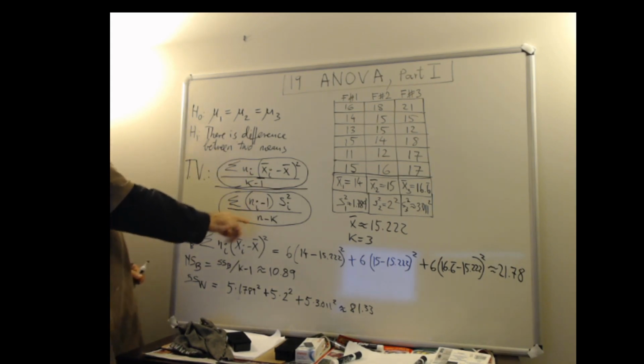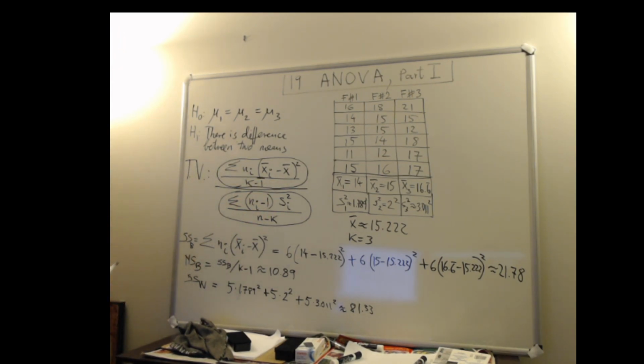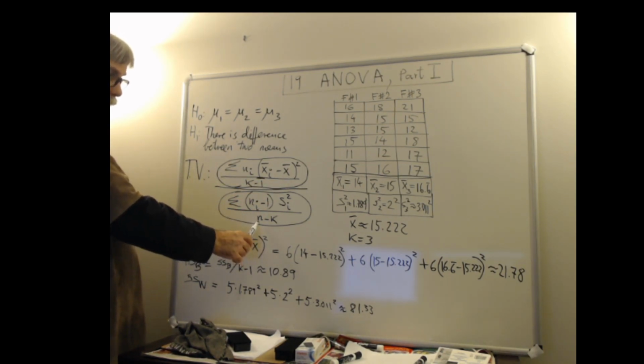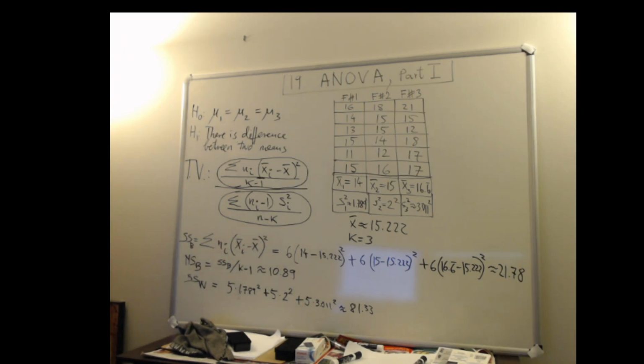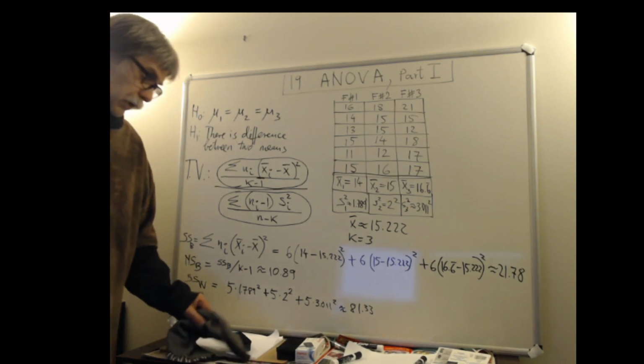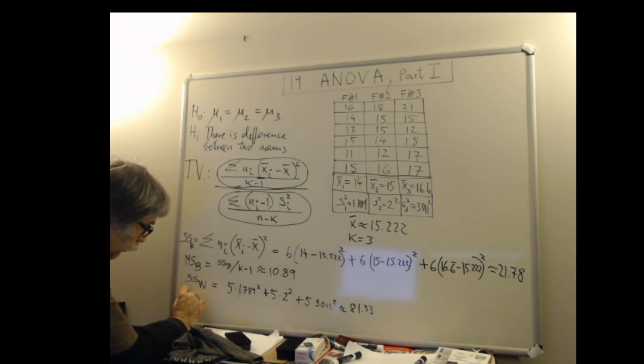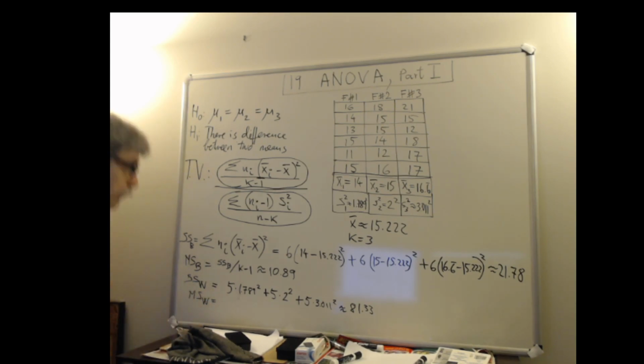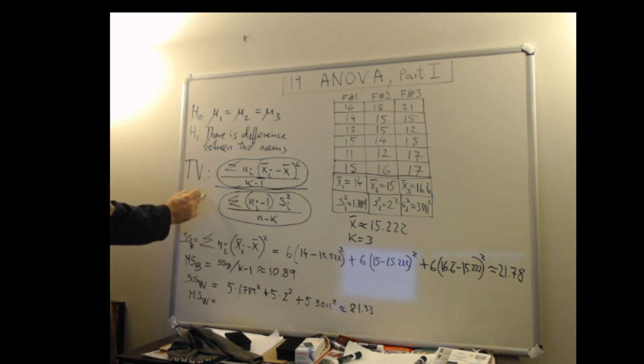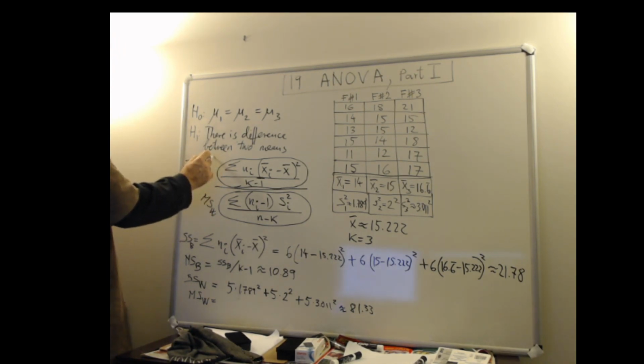Now I have to average it, so I'm going to divide that by 15. This is 18, the total number, minus k, the number of groups, which is 3. So I have to calculate now the mean square within the group. This is the mean square within the group. This is the mean square between the groups.